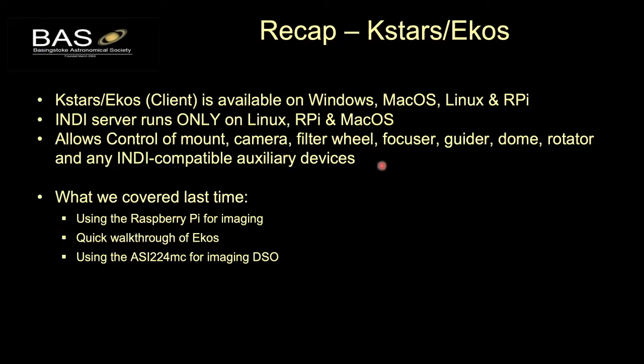We've seen what all it can control. It seems to be able to do most of it. And what we covered last time was also how to use the Raspberry Pi for imaging, a quick walkthrough, and then we were talking about the ASI 224 and how I use it for imaging DSOs.